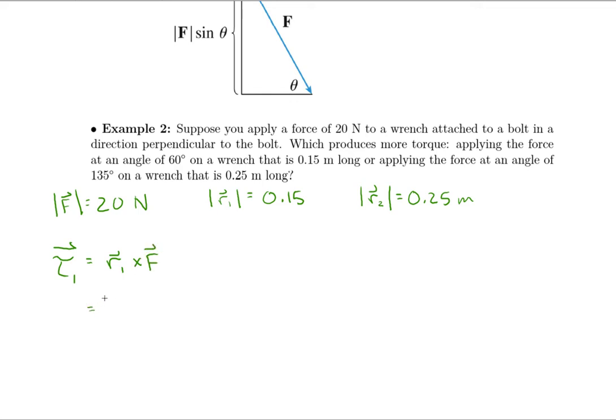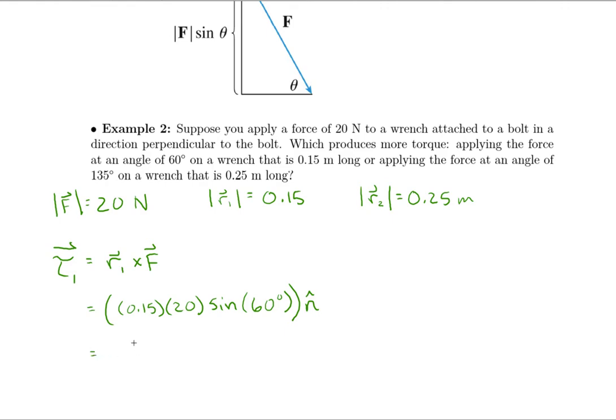But we know that that's equivalent to the magnitude of R1 times the magnitude of F times the sine of the angle between them. So the angle between those first two is 60 degrees, times this unit vector.